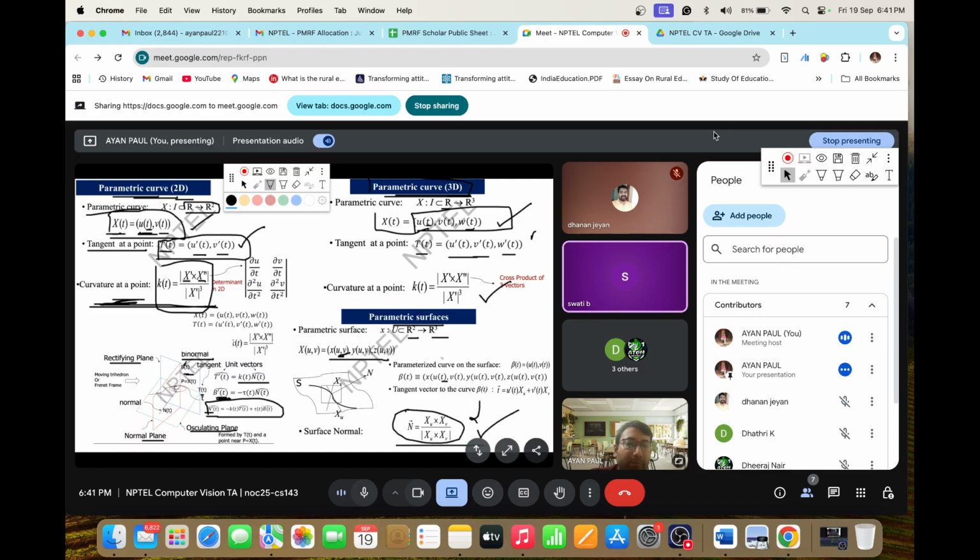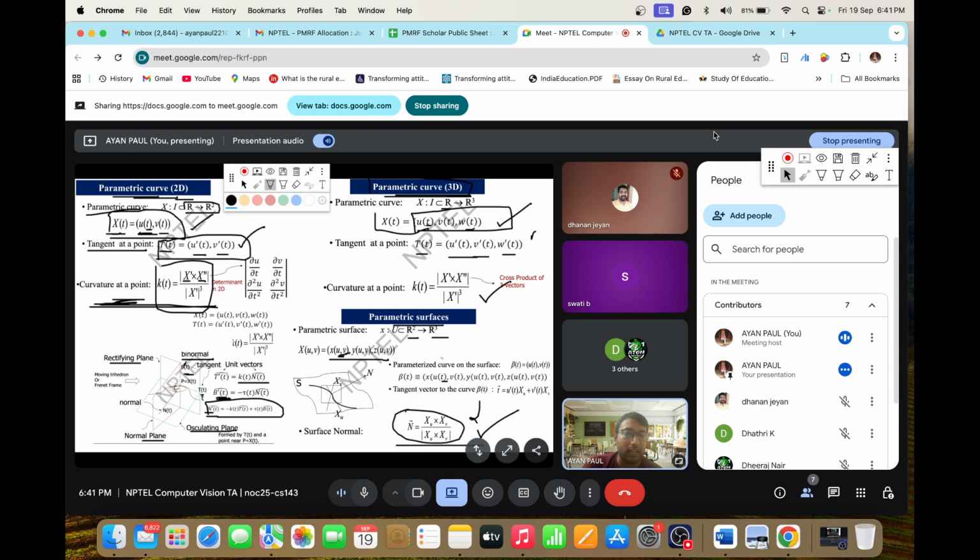Parametric surface is important because in this class we will be talking about roof edges or steep edges, etc. So surface is very important. In fundamental form, I will tell you two things: the first fundamental form and the second fundamental form.